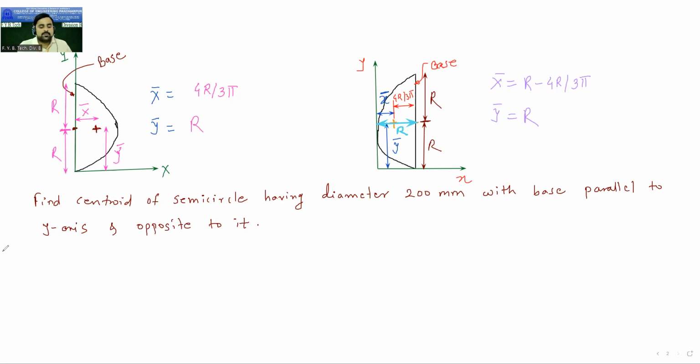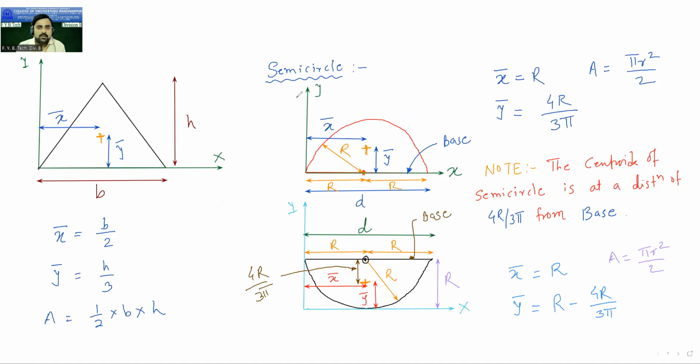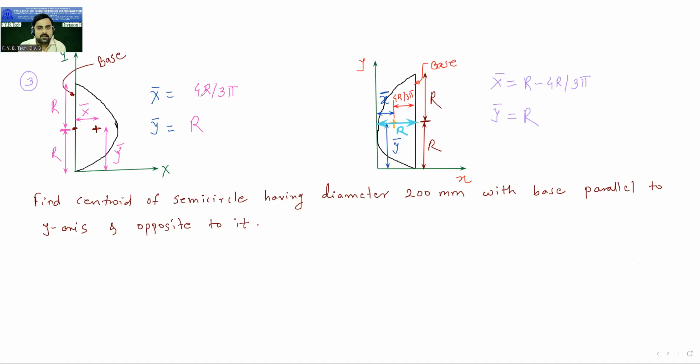Now 4 cases of semicircles are there with you. Out of those 4 cases, which case is the problem talking about? Can you tell me if I number all these cases? This is case 1, this is case 2, this is case 3 and this is case 4. Now which case does this problem belong to?